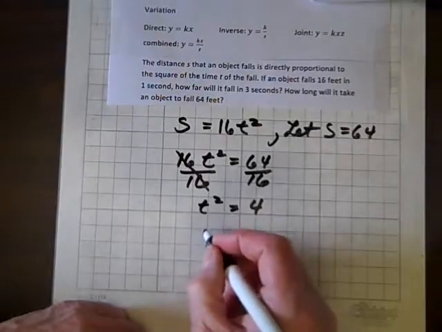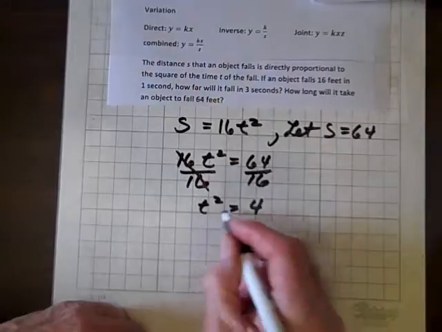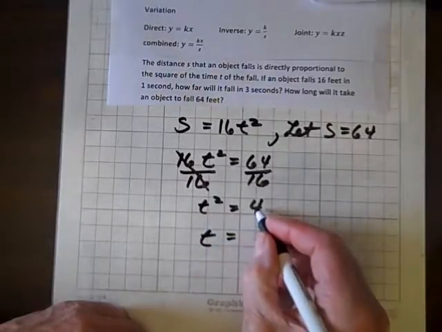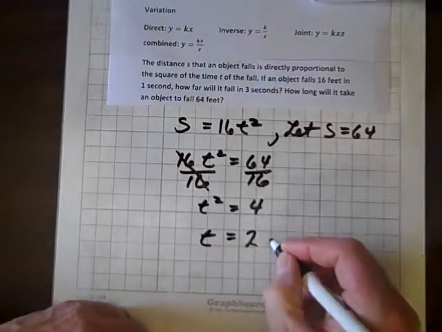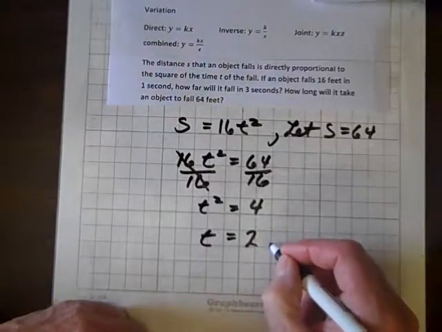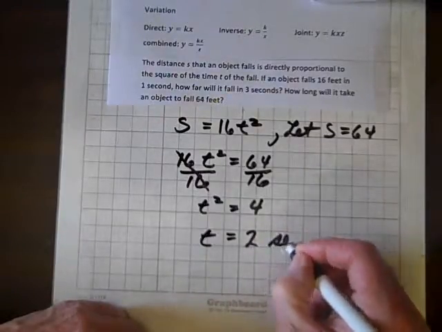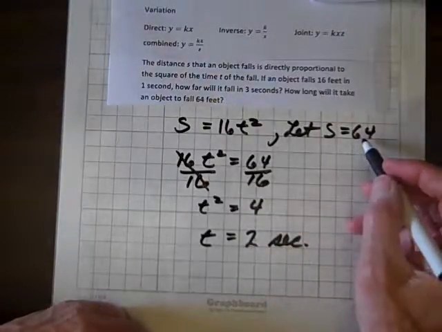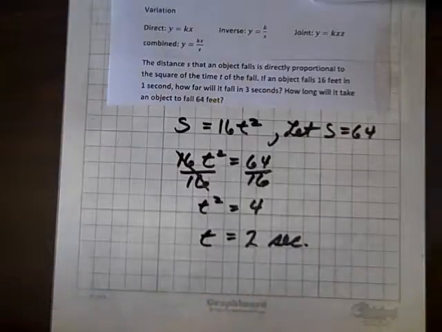So the solution to this will take the square root of both sides. We get t equals, and the square root of 4 is 2. So we'll interpret that as 2 seconds. So in 2 seconds, this object will fall 64 feet, and we are done.